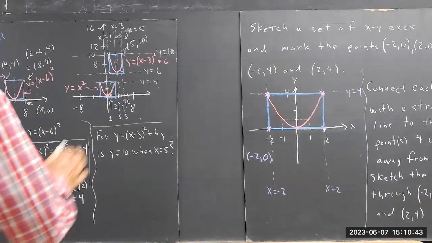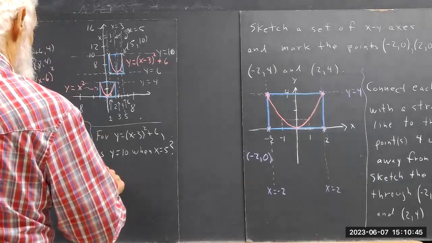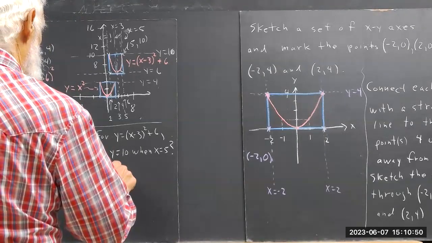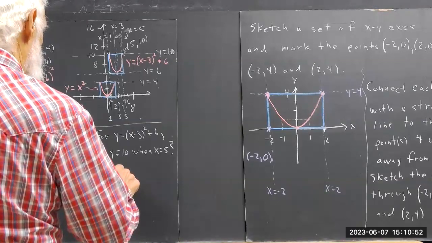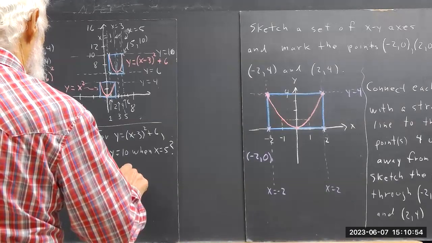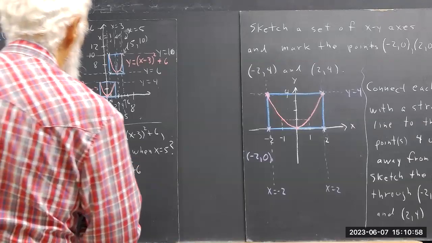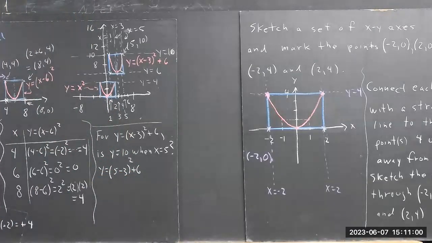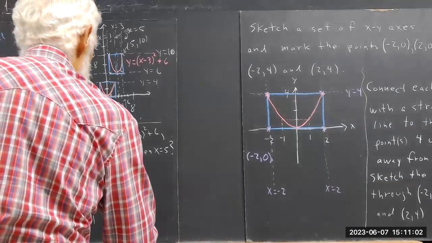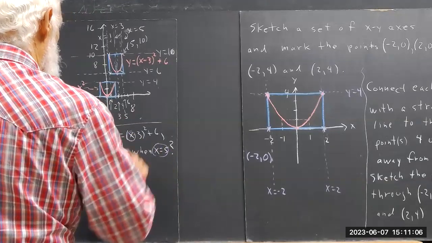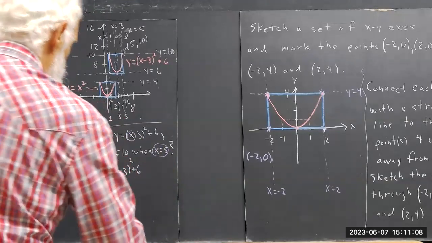Okay, we've done that, but here's how it gets written out. You get y equals 5 minus 3 squared plus 6, because of course we plug in x equals 5, so you replace x with 5.